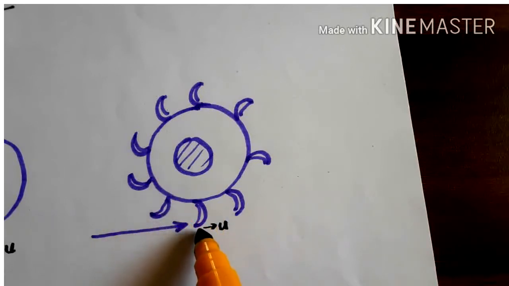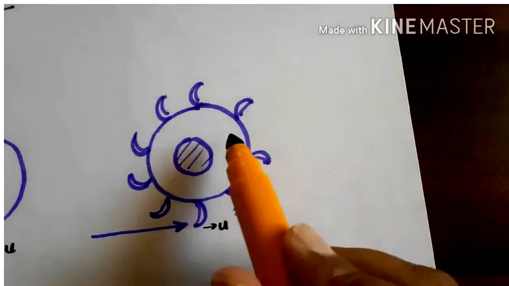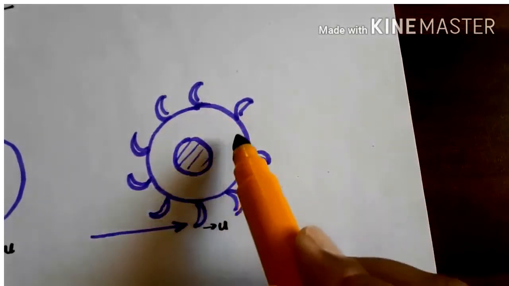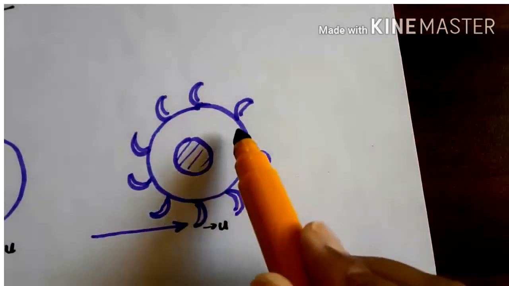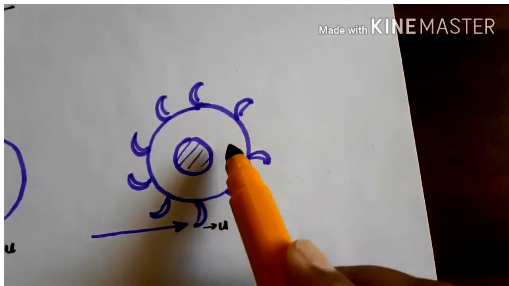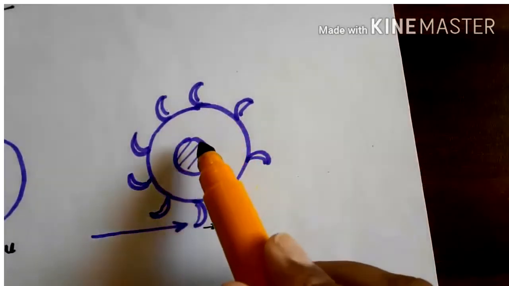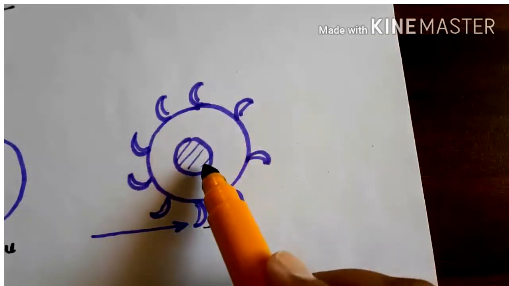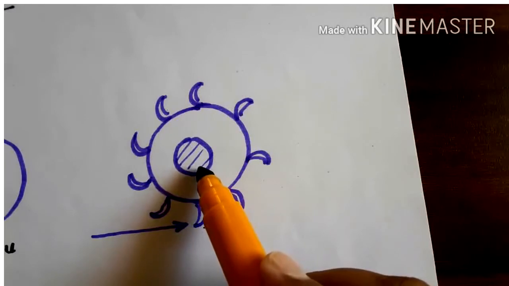Again the third blade will come and stand before the jet and receive the force. Again it moves forward. This will continue, hence a continuous rotation of the impeller will take place. And when it continuously rotates, it is coupled with the shaft, and the shaft in turn is coupled with the generator, hence the production of electricity.